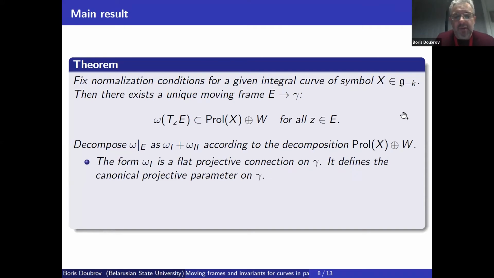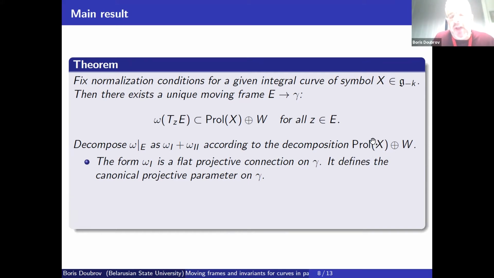So what happens then? Omega 1 is just a flat projective connection on gamma, nothing else. It is possible to show that omega 1 is a proper Cartan connection on gamma, first of all.